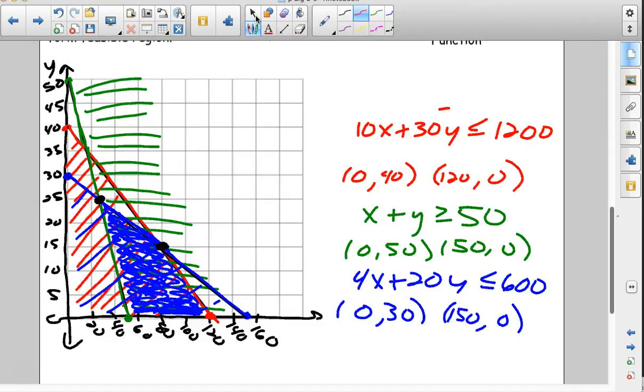All right, so the first one I'm going to look for is my red and my blue. So I go back to my red, and I realize I'm going to have to subtract 10x from both sides. And then I'm going to have to divide everything by 30.